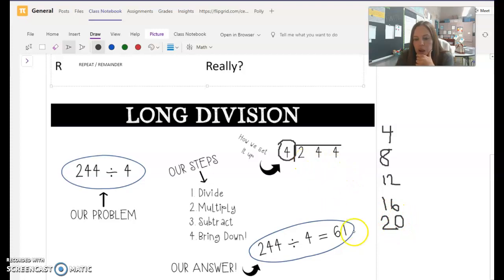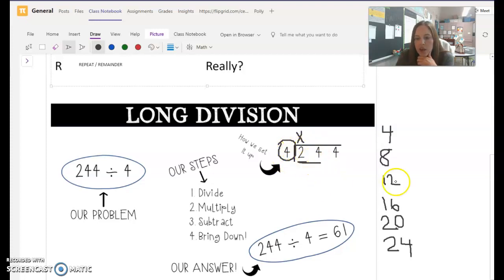Now, we should probably go one more, 24. Okay, so our 4 cannot fit into 2. It's too small. So I'm going to put an X above the 2, because I do not want to put anything above it, because I can't divide the 2 by 4. It's too small. So let's keep going.